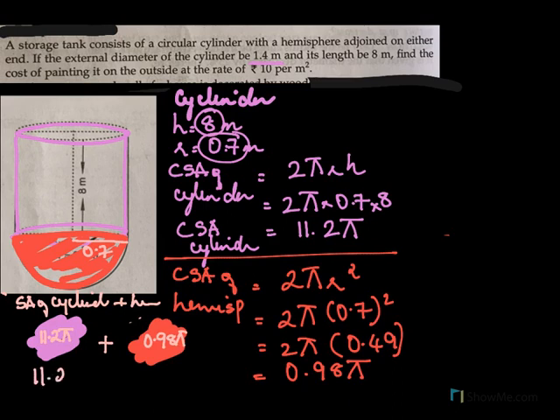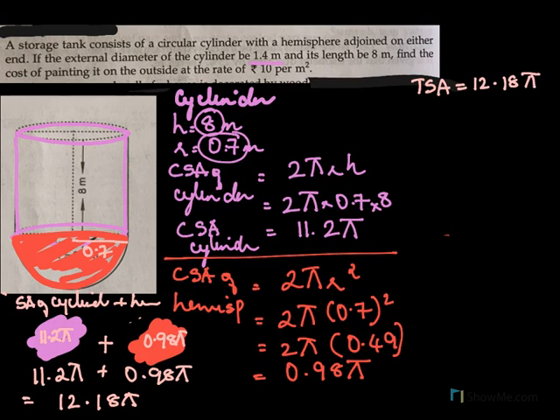So let's add up 11.2 pi plus 0.98 pi. When we add this up, we will get 12.18 pi. Now I'm going to put the value of pi. So the TSA was 12.18 pi, and that is 12.18 into 22 by 7. So the TSA equals, when you work this out, you get 38.28.